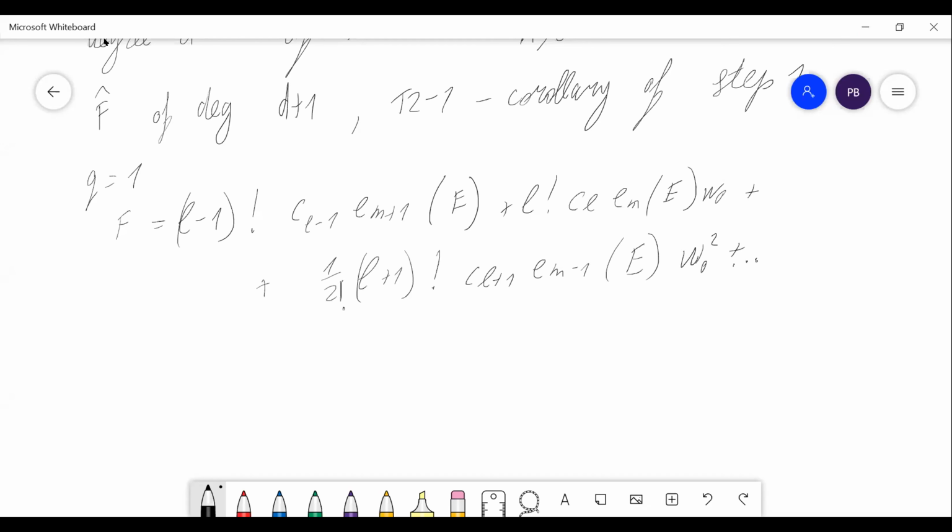Now we will want to sort of play with this sequence a little.